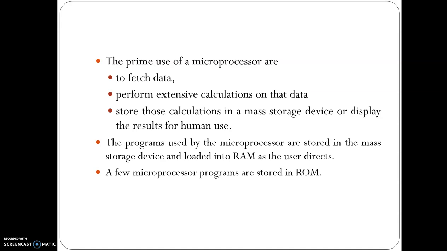The program as well as the data will be saved external to the microprocessor, and whenever the microprocessor needs to read data, or wants to execute any instruction, it has to fetch that instruction from the external memory, and then it can perform the specified operation on that data.